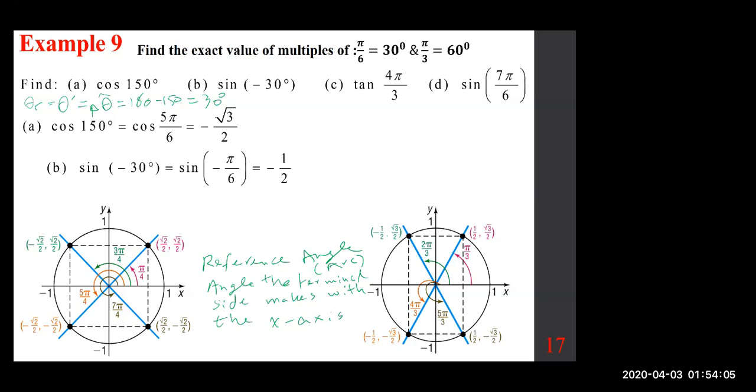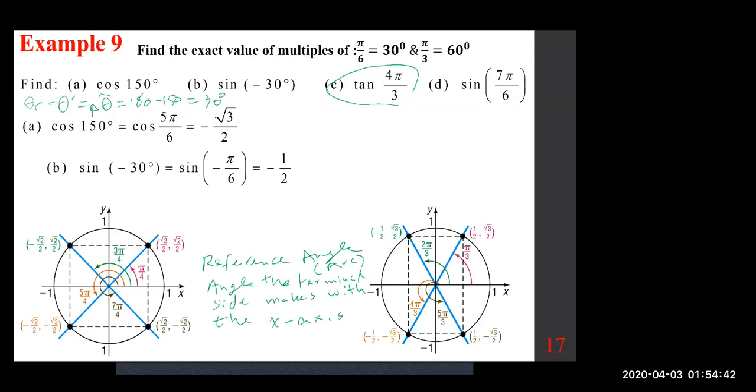Now, tan of 4 pi over 3, of course, you do have it right then and there. If you look at the graph, it's just sine over cosine. Or here's what I want you to see as far as the reference arc is concerned. The reference arc for this one, class, is this much. Let me make sure everybody understands why. Let me use a different color because it may be hard to see, since we do have a green one here.